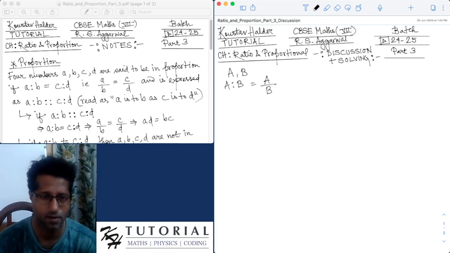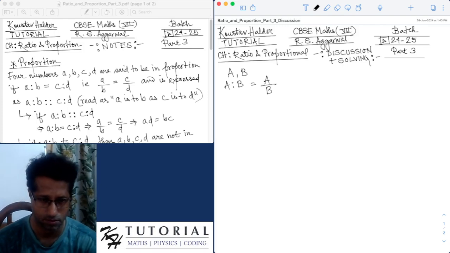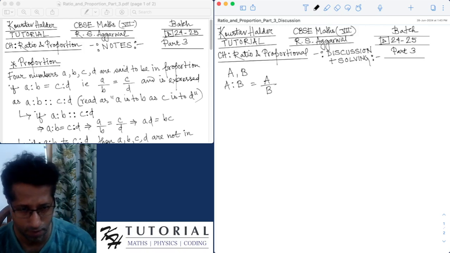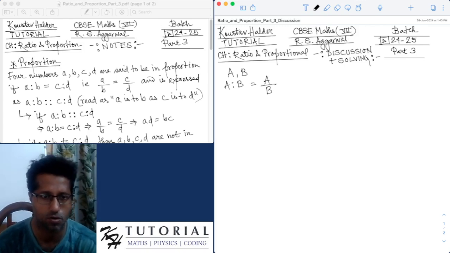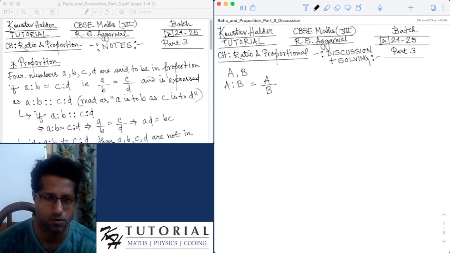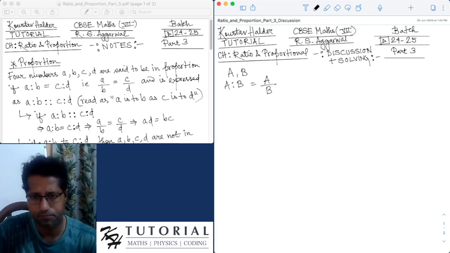The ratio a is to b is nothing but a by b, and the ratio c is to d is nothing but c by d. So if a, b, c, d are in proportion, it means that the ratio a is to b equals the ratio c is to d. That eventually means a by b equals c by d, and it is expressed as a colon b double colon c colon d.